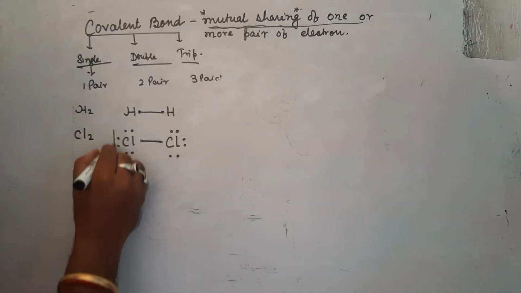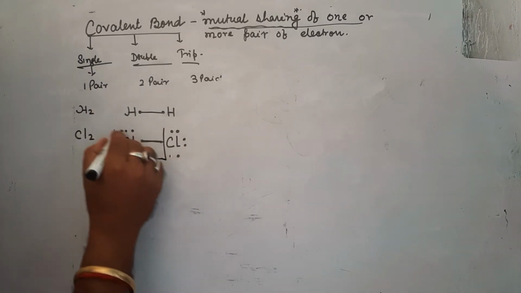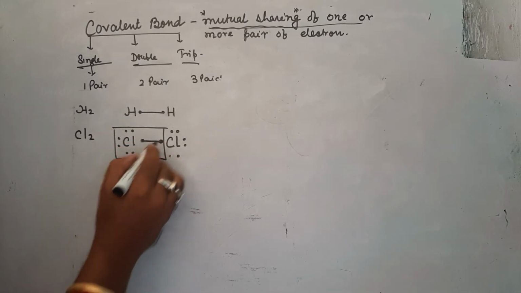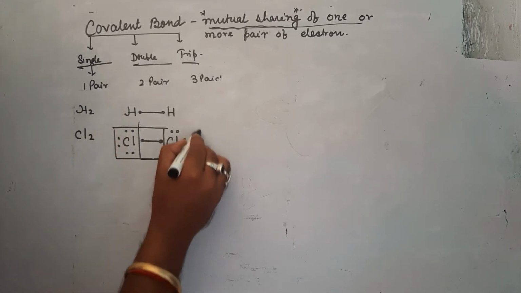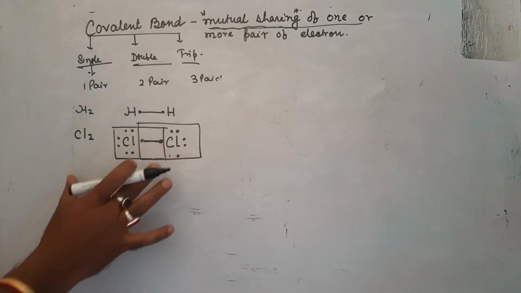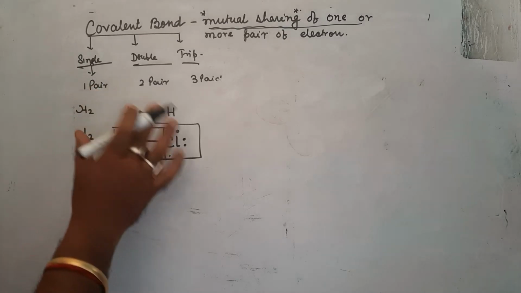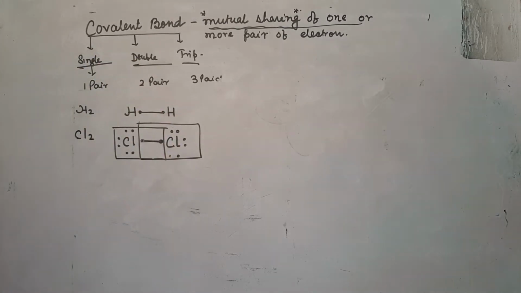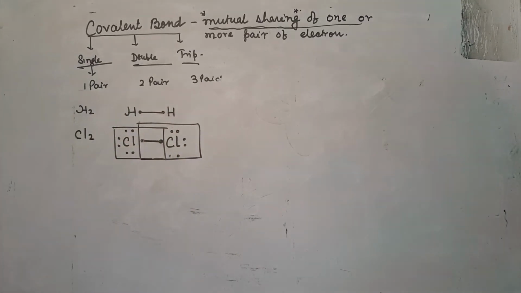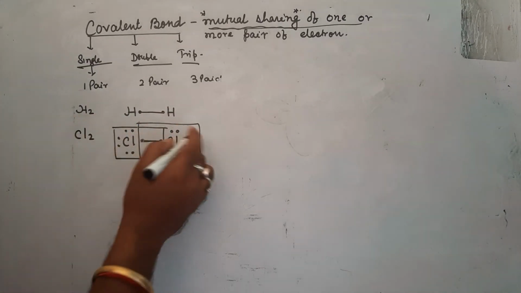So each chlorine has 8 electrons, 7 of its own and 1 shared, meaning they complete their octet. Hydrogen completes its duplet by sharing one electron. So this is a single covalent bond.